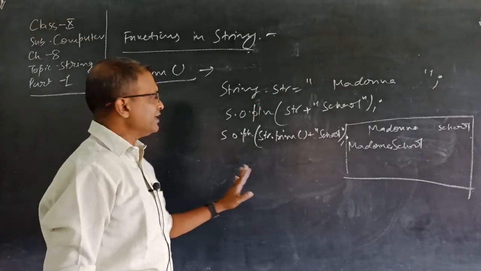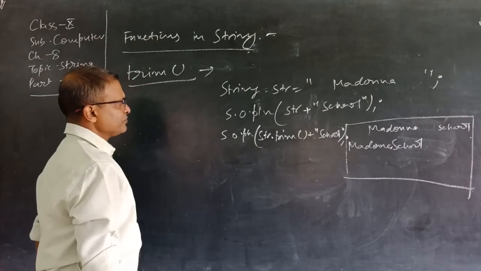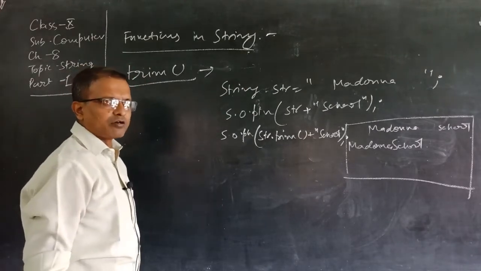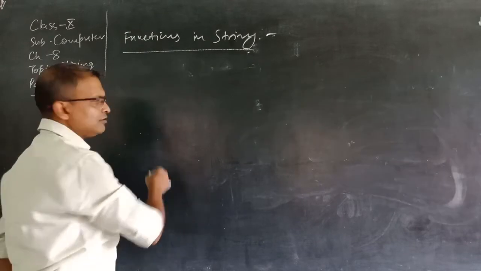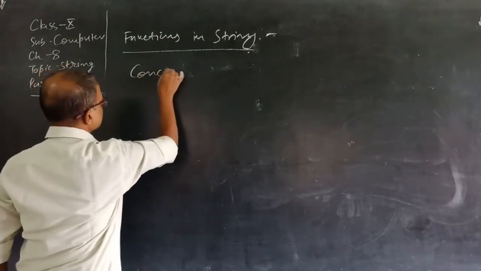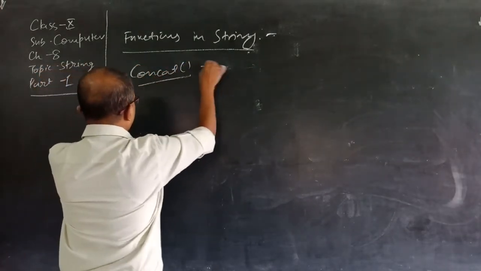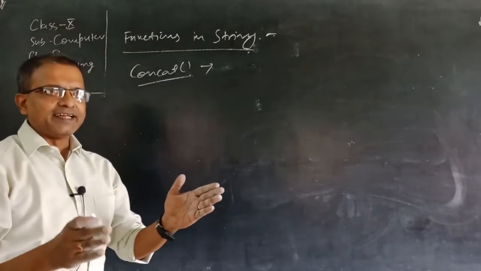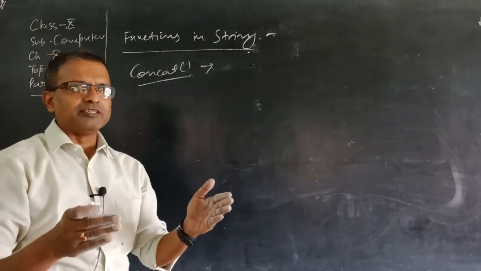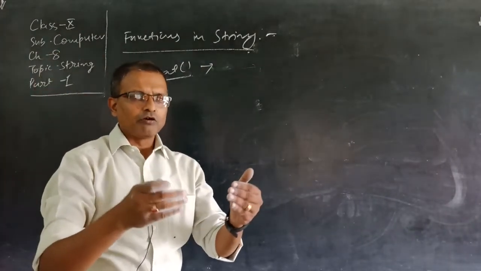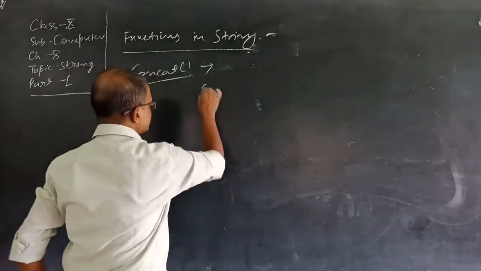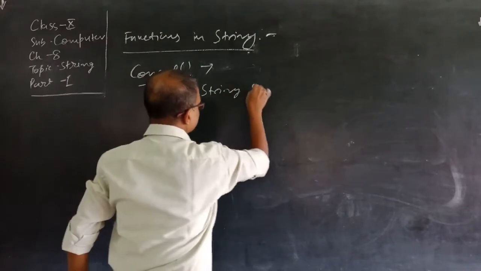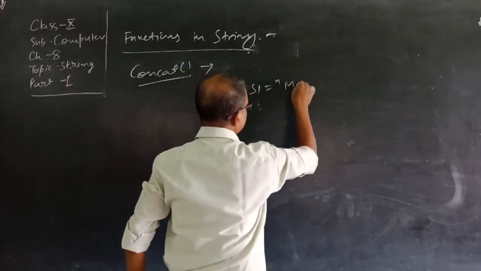Okay. Now here is one more function, that is the concat function. Let us see the concat function. This function is used to concatenate two strings. Concatenation means joining. Joining of two strings is called concatenation. So suppose here is a string S1 equal to Madonna.